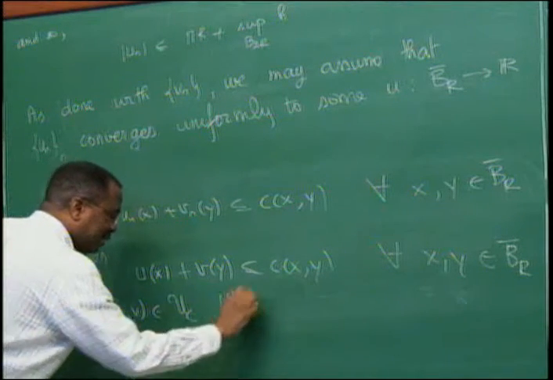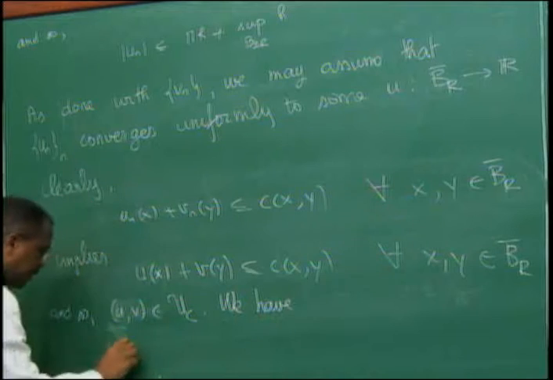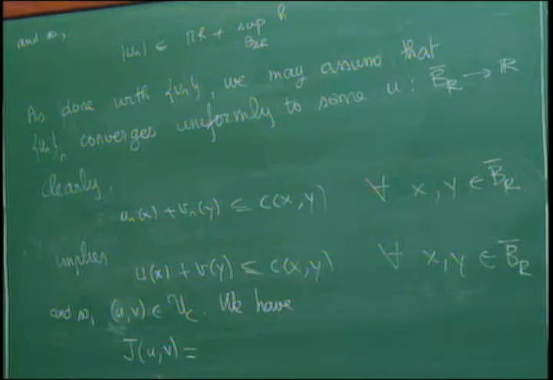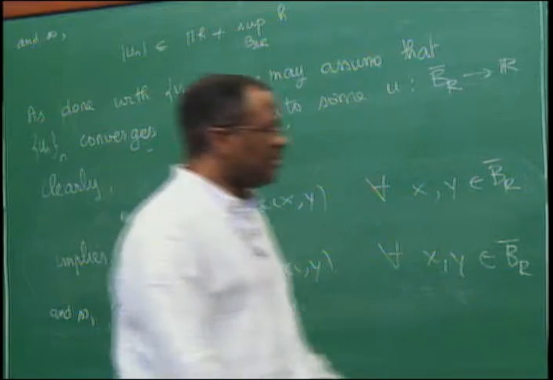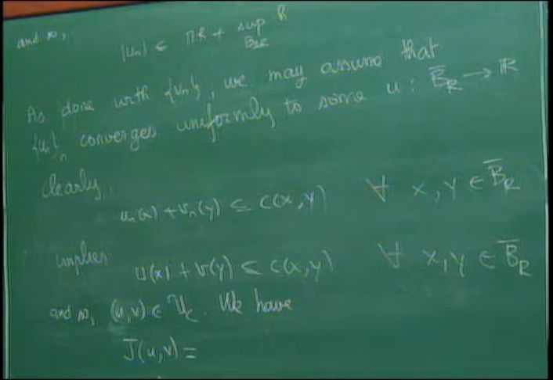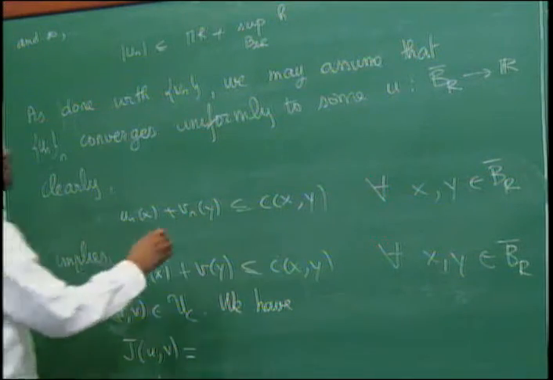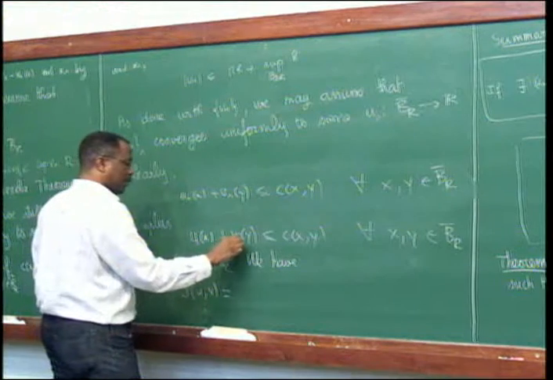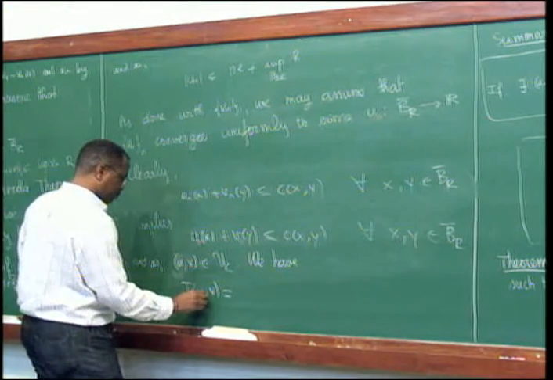We have J of (u, v) equal to... So let me change the notation here, my theorem says there exists U naught, V naught. So this converges to some V naught, and that converges to U naught, and we have this.